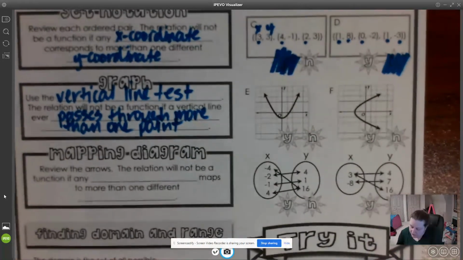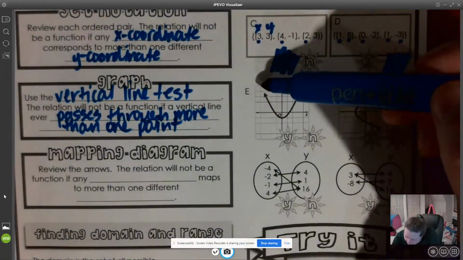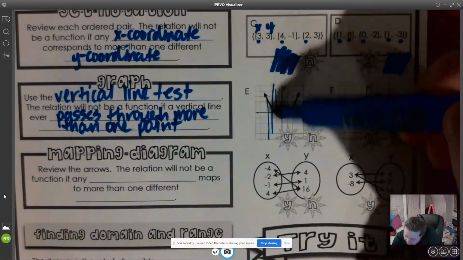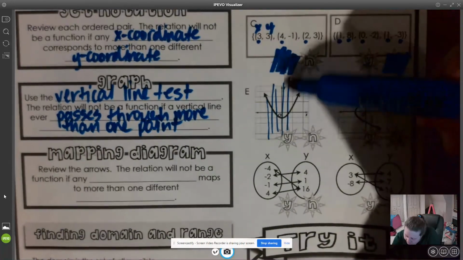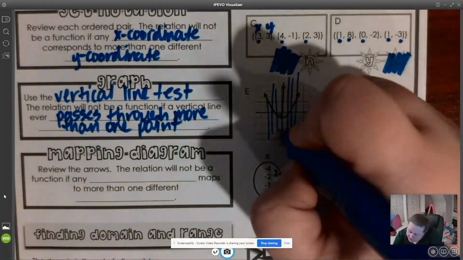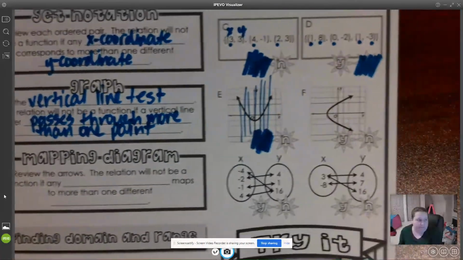So in this first function, if I was to draw vertical lines through this graph, you can see it's only hitting the graph once. So this is a function. Okay.